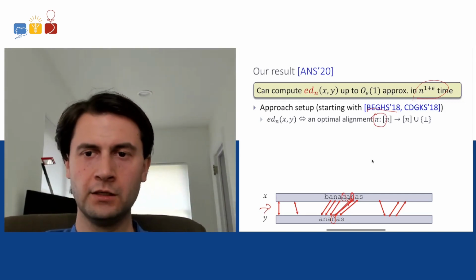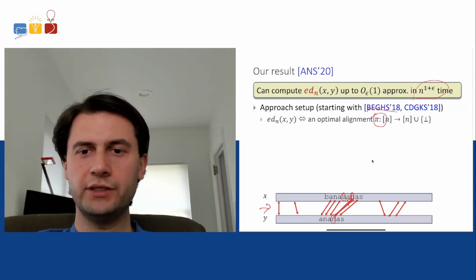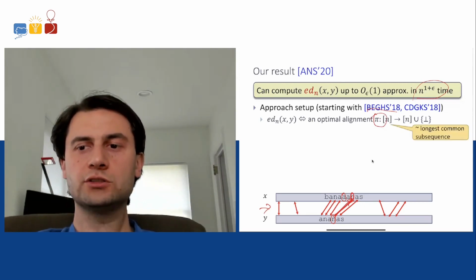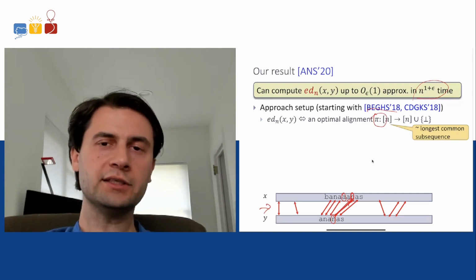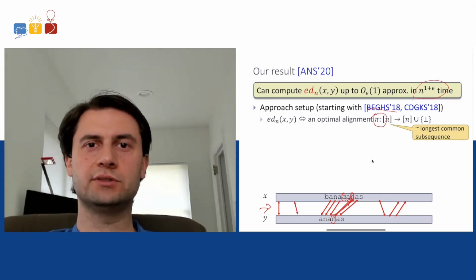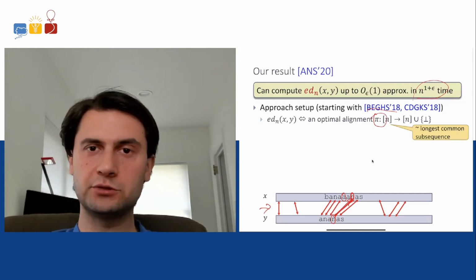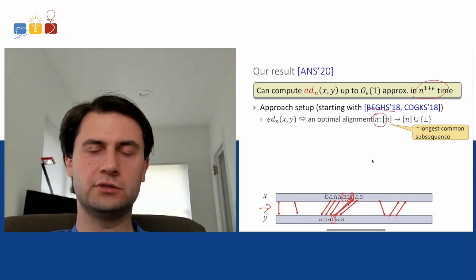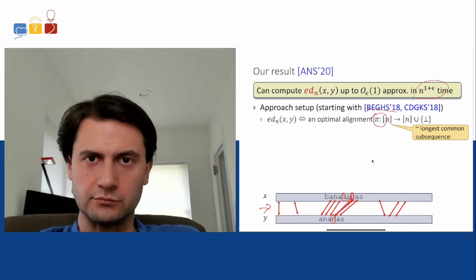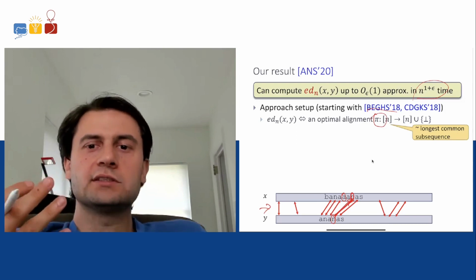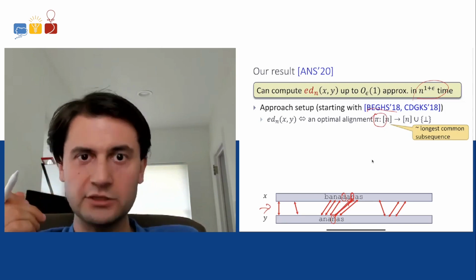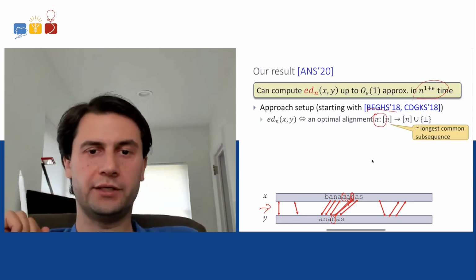Another way to think about this is that the optimal alignment corresponds to the longest common subsequence. In fact, it would be exactly equal to that if we disallow substitutions, which don't change the distance by more than a factor of 2. So think of alignment as the longest common subsequence between strings x and y.